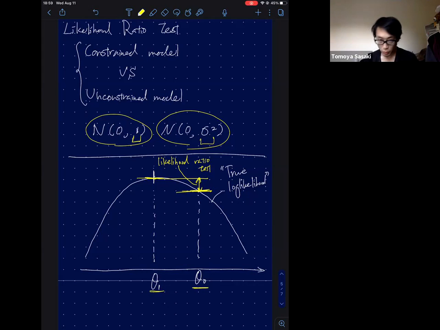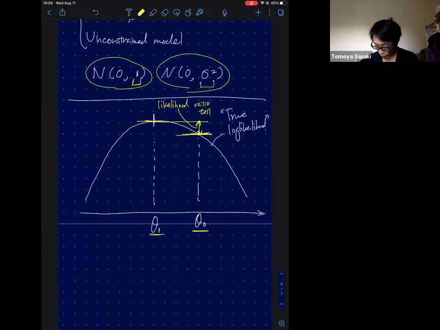If you're doing Wald's test, what you're actually doing is comparing the distance between these two thetas. Let's call this theta hat.